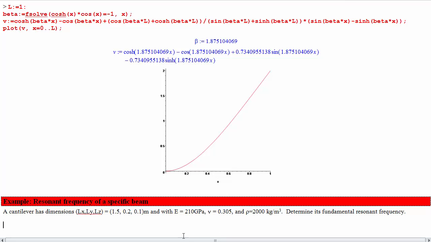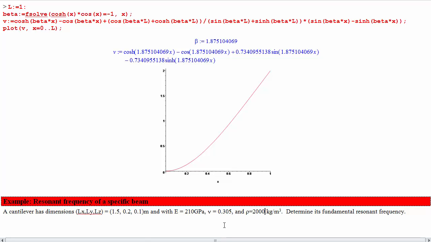Let's put some numbers to this. Suppose we've got this cantilever, so a 1.5 meter cantilever, and it's 10 centimeters thick, so you can picture this. It's got some properties similar to steel, 210 gigapascals, and a Poisson ratio 0.305, density a fair bit less dense than steel.